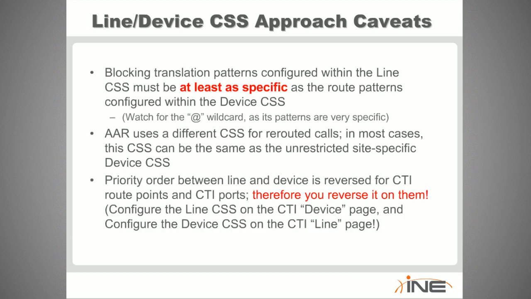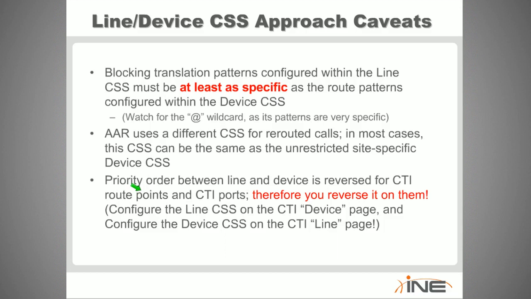And then this is something very important to keep in mind, which is that the priority order, the ordering of the partitions within the resulting concatenated CSS between line and device, is actually reversed for CTI route points and ports. Okay? This is actually the way they all were. So device partitions are ordered higher than the line partitions. This is the way all devices were before Call Manager 3.1, so 3.0.